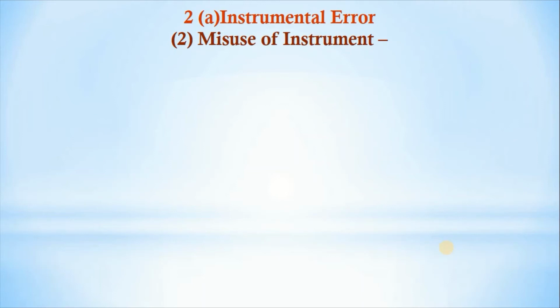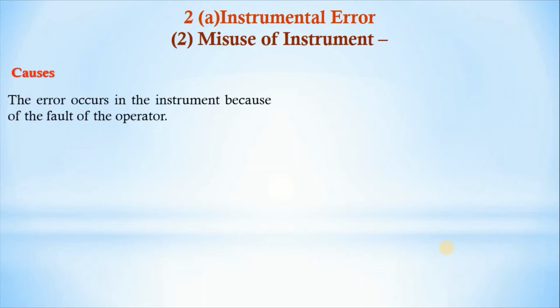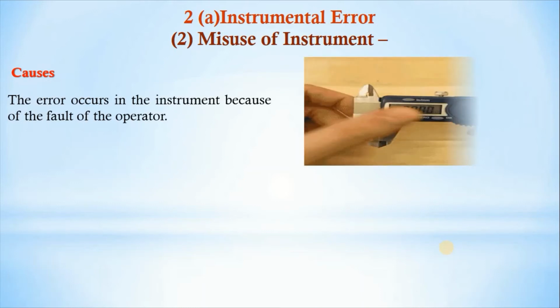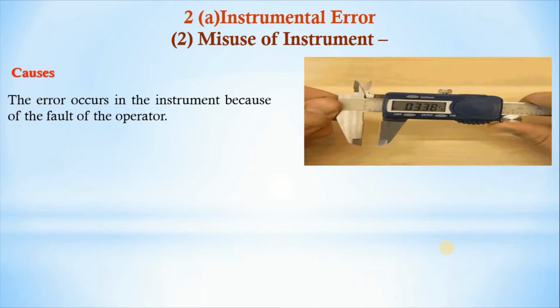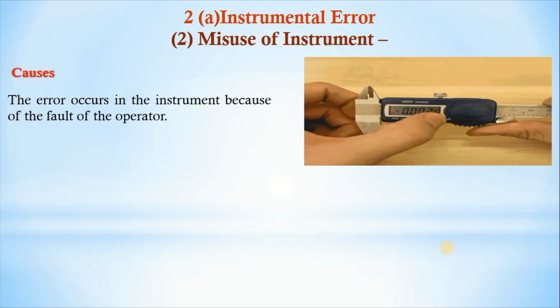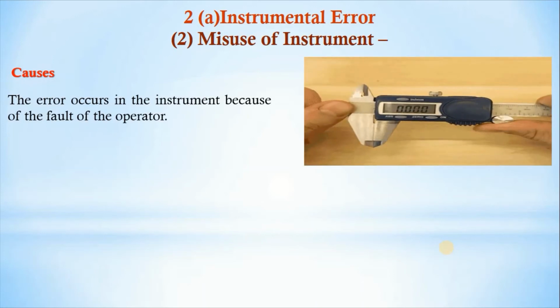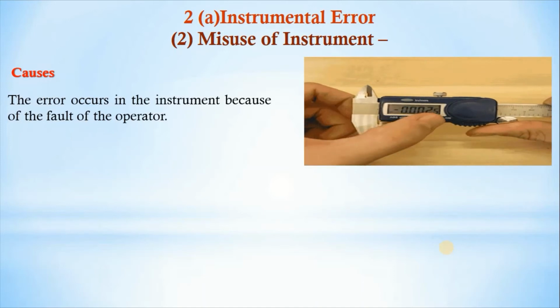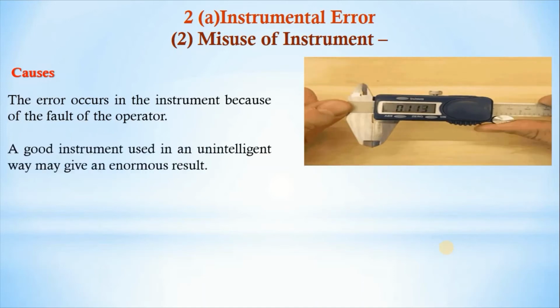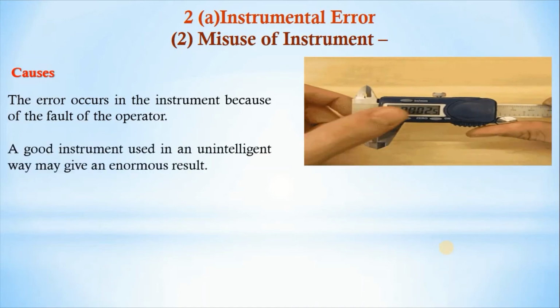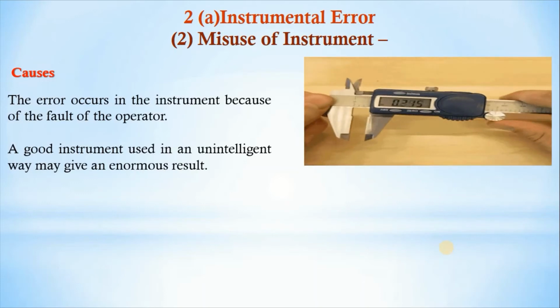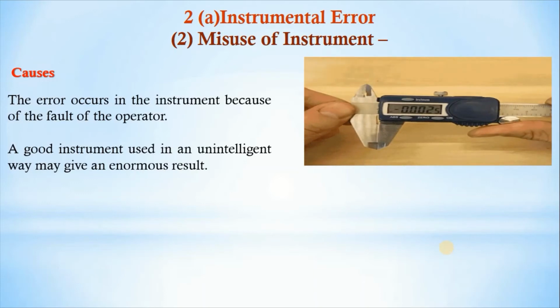Second, that is misuse of an instrument. The causes are that errors occur in the instrument because of a fault of the operator. Even if the operator is using an instrument which is calibrated and not showing an error, a good instrument used in an unintelligent way may give an enormous error in the result.